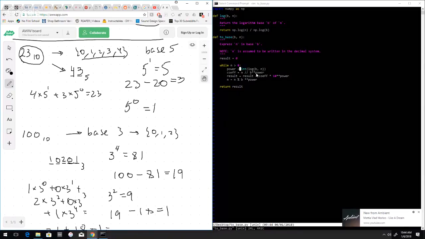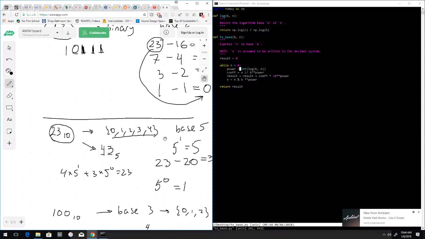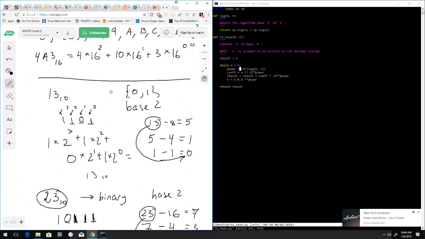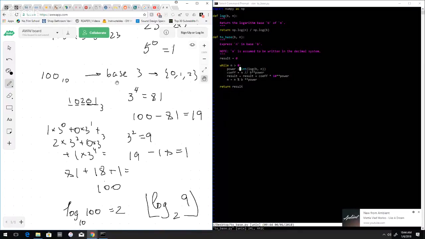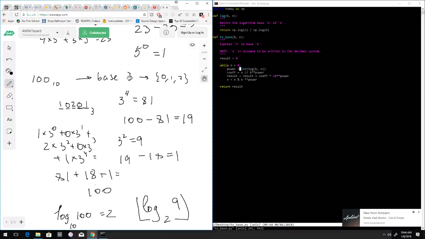Well, if the highest power of b that fits in n is this variable power, then I can do integer division of my number 100. Here in this example, where is that? Of my number 100, I'm going to integer divide by 3 to the highest power, in this case 4, right?